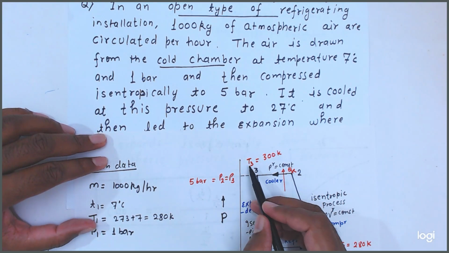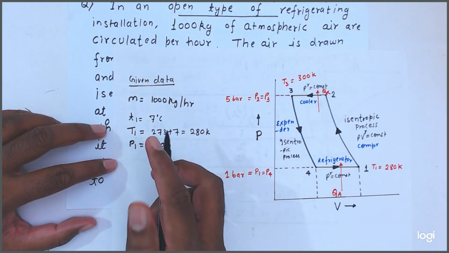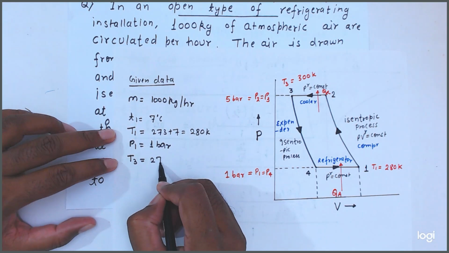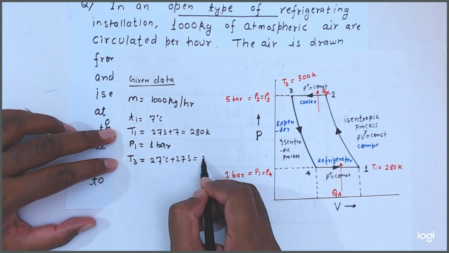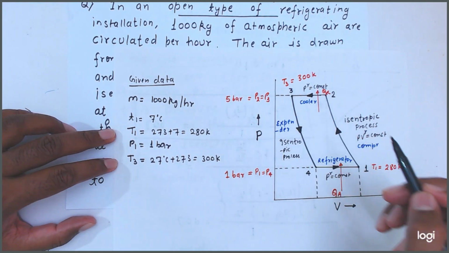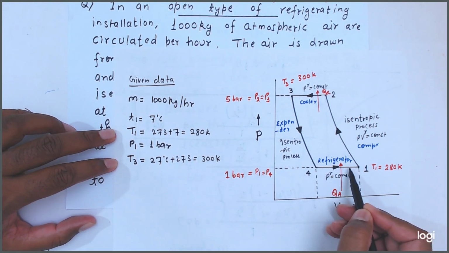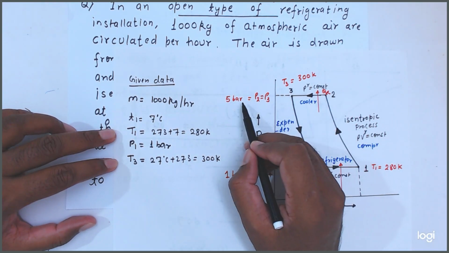It means temperature T3 equal to 27 degrees centigrade plus 273 equal to 300 Kelvin. So this temperature has been given, and this pressure has been given as 1 bar and this pressure as 5 bar.